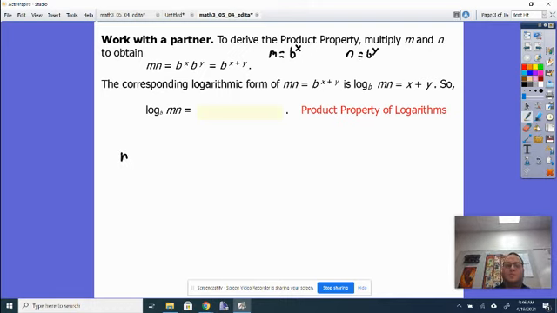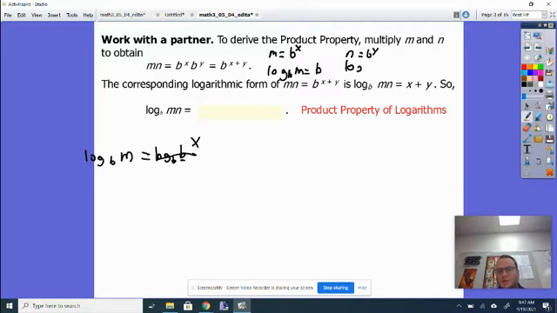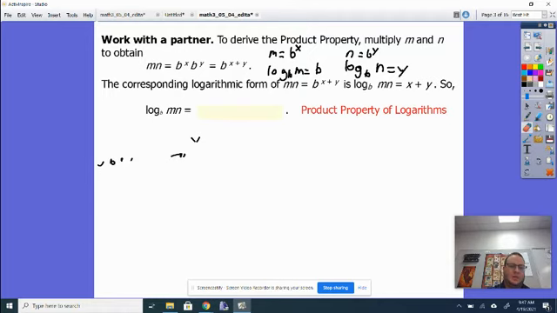If I log both sides of that, because the end goal is to get to logs, I want to log both sides by log base b, because that's the base of my exponential, which is going to cancel that out and leave me with log base b of m equals x. By the same token, log base b of n equals y. We're going to be using that pretty significantly today.